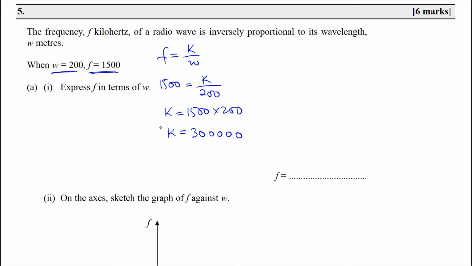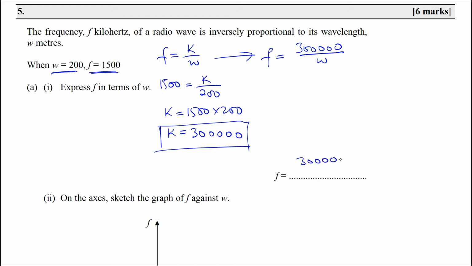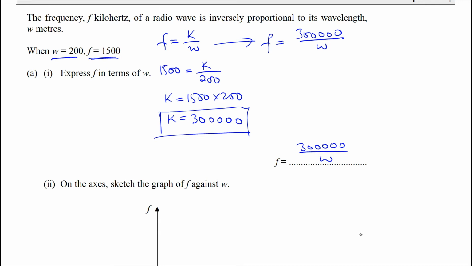So K is equal to 300,000, which means that the formula connecting these two variables will be F equals 300,000 over W. So that's the formula connecting the two variables.